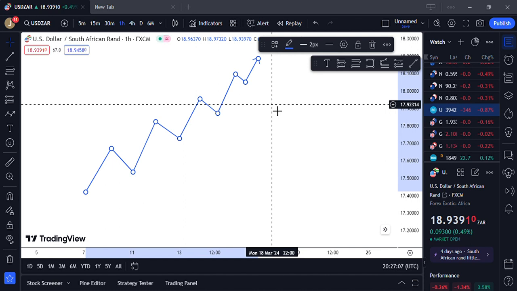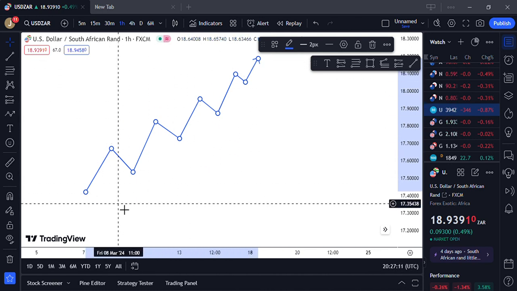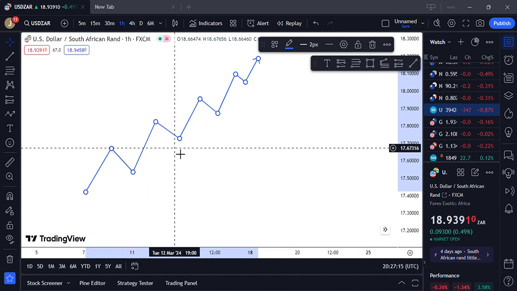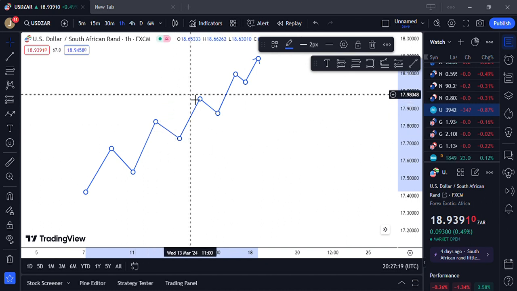Yeah, this is basically an uptrend because you can see that it's going up. Generally it's going up, of course there are pullbacks, and that's how the market moves. That's how price moves.